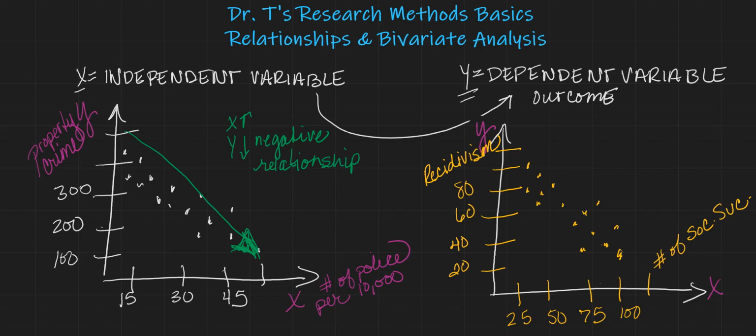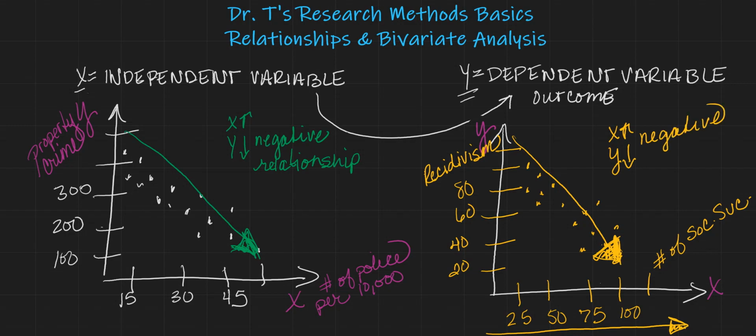Again, as the number of social services programs geared towards reducing recidivism in a city increases, recidivism is decreasing. No matter how positive that sounds, we have our X increasing as our Y is decreasing, and so we have a negative relationship.